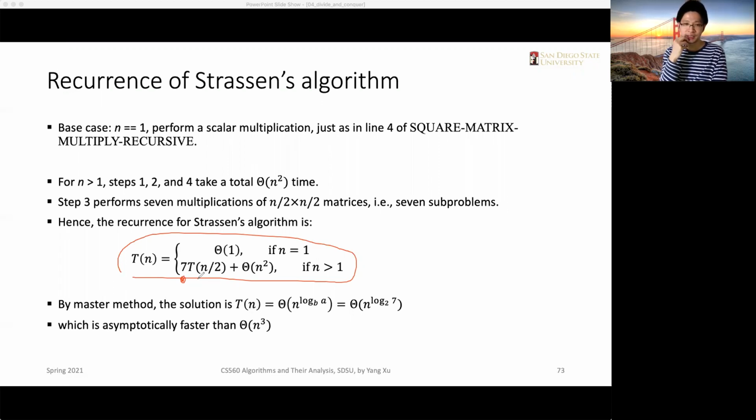It's not a perfect solution, and it comes with some side effects, because there are way more additional subtraction and addition operations, which means the numeric stability of the computation might not be as high as the straightforward triple for loops or straightforward divide and conquer computation.